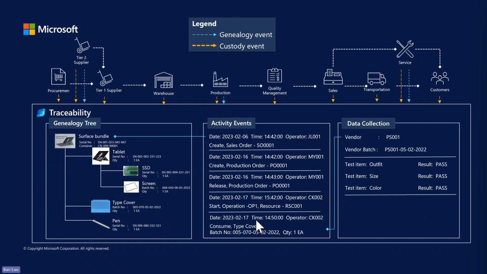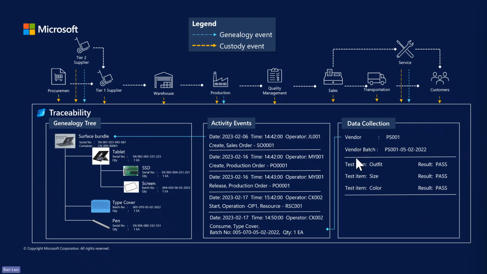Besides these two blocks, we have the third block called the data collection. For different industries and customers, there are specific track and trace requirements. So in this example, you can configure and collect the vendor information, like the vendor account and the vendor batch number.